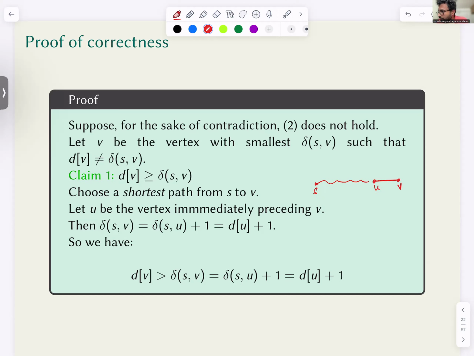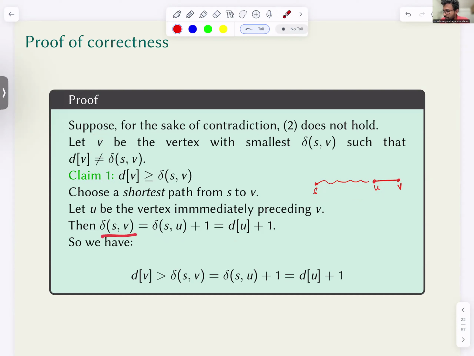So the actual distance for u is smaller than the actual distance for v, because the shortest path for u is also this. That means for u, we must have delta su equal to the du value, because if delta su were not equal to du, then we would have chosen u here instead of v.